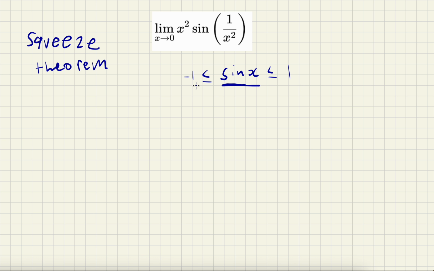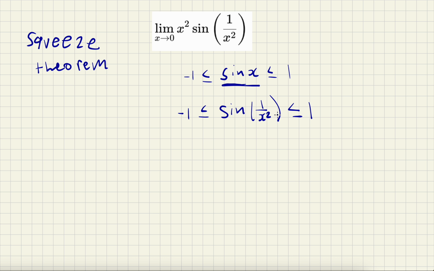Right? And we also know that sine of 1 over x squared, therefore, cannot be less than -1 or greater than 1. Right? That's easy to understand as well, since sine of x is never less than -1 and never greater than 1.